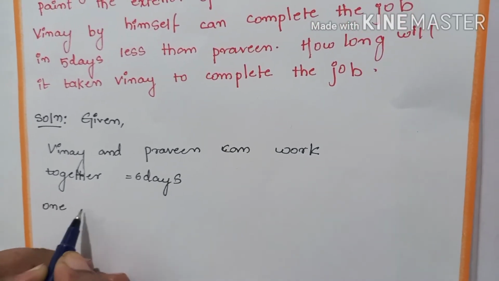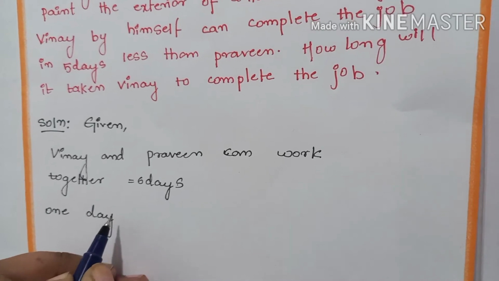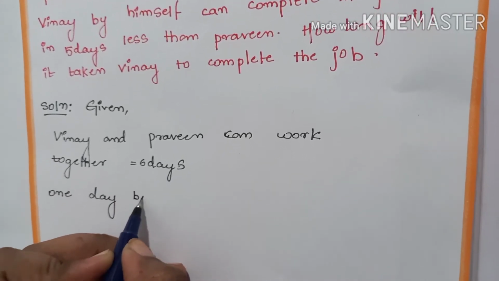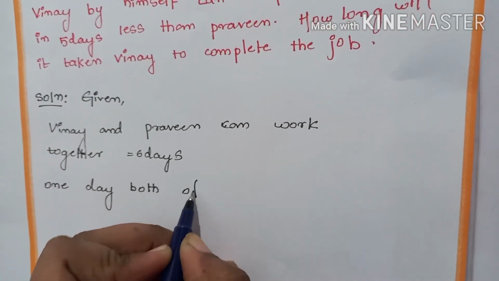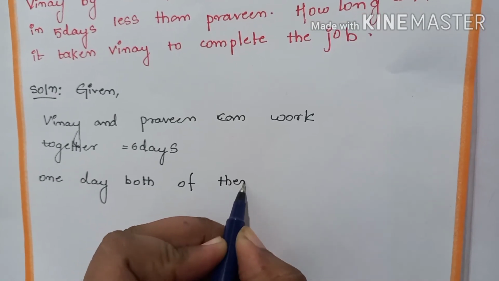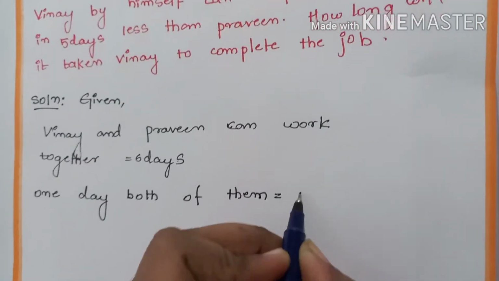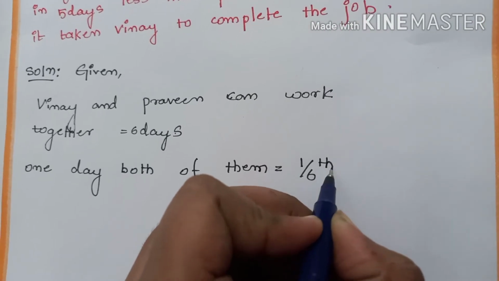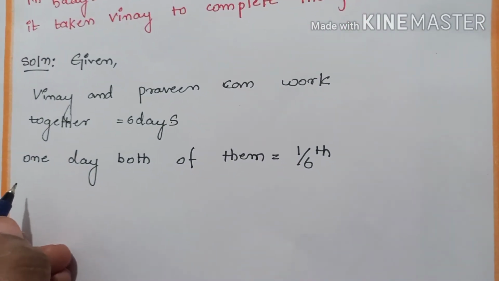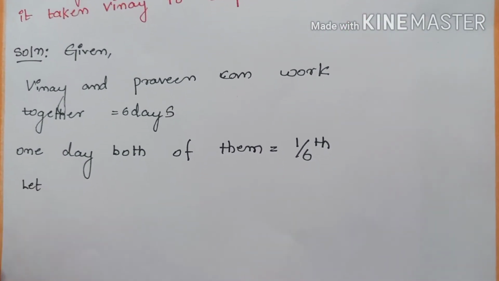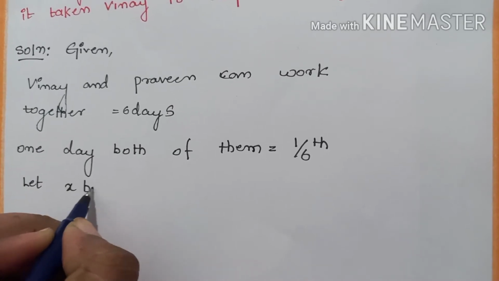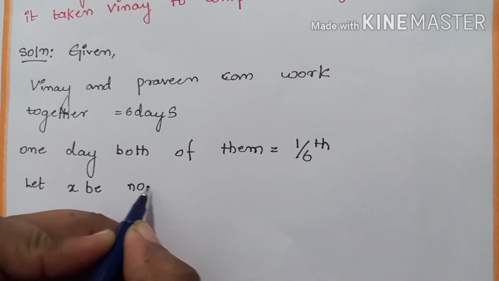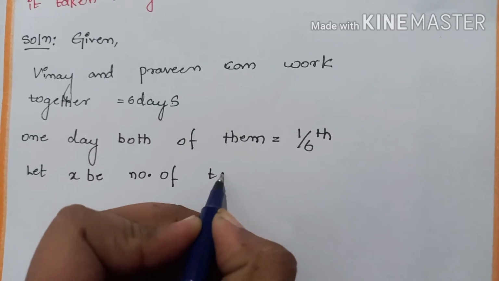So in one day both of them complete 1/6 of the total work. Let us assume x be the number of days taken by Praveen to complete the work.